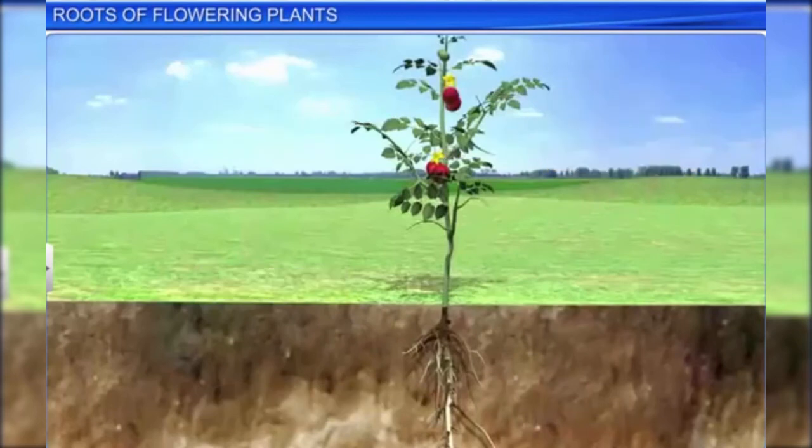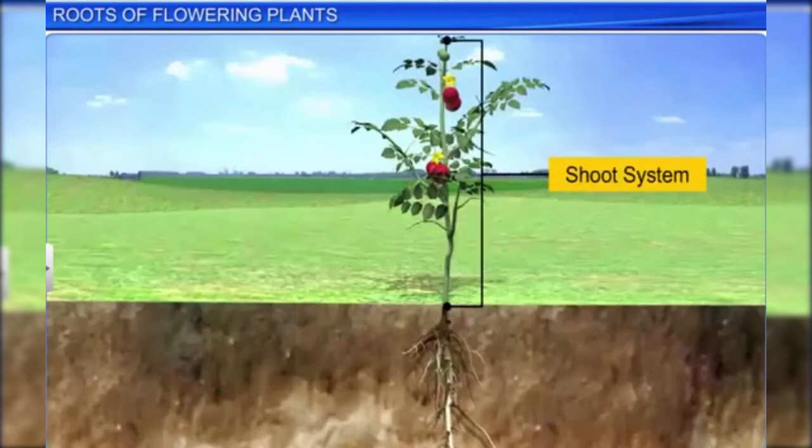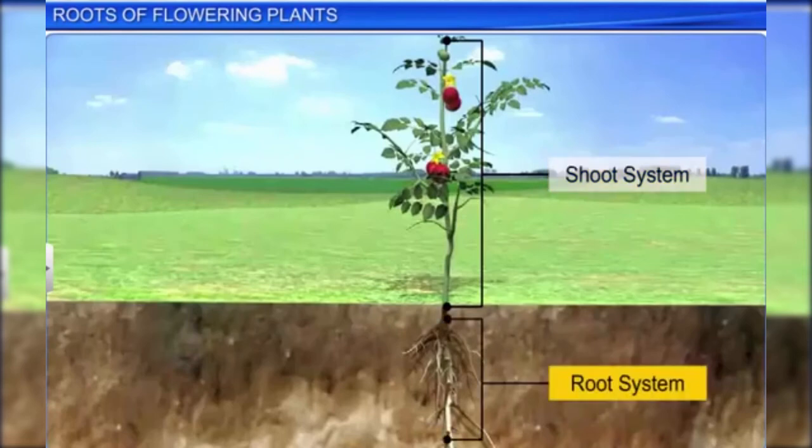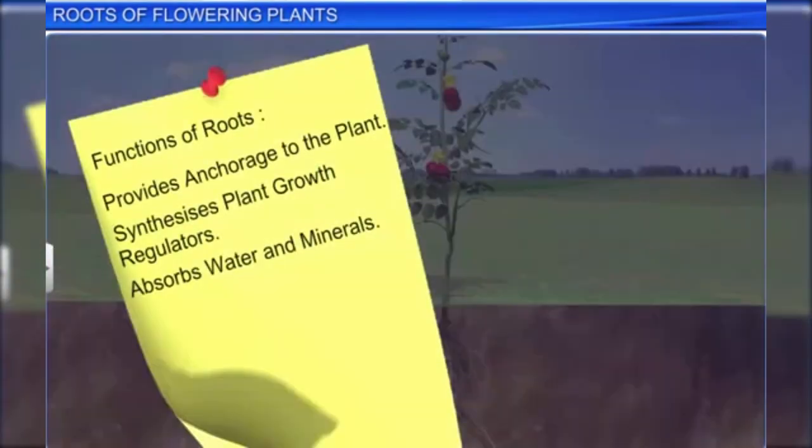The portion of a flowering plant above the ground is termed the shoot system, while the portion below the ground is termed the root system. The root system provides proper anchorage to the plant. It helps in the synthesis of plant growth regulators and is responsible for the absorption of water and minerals from the soil to different parts of the plant.